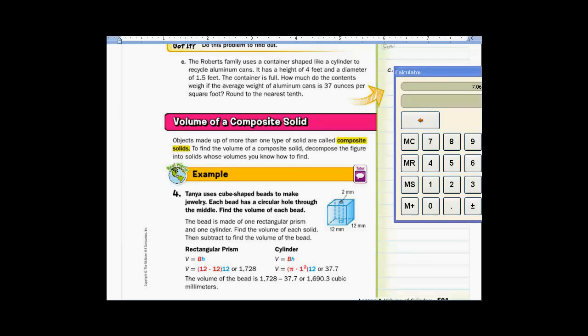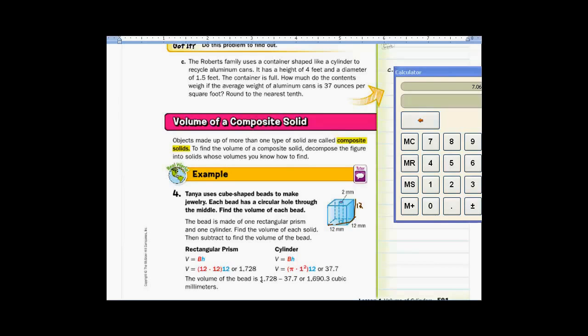Then that means it's a 1 millimeter radius. So 3.14 times 1 squared times 12. Now, how did I know that was 12? Because this is a cube. So if it's a 12 by 12, this also has to be 12, which is the same height as that cylinder right there. So 3.14, which they leave as pi, times 1 squared times 12, which is 37.7.